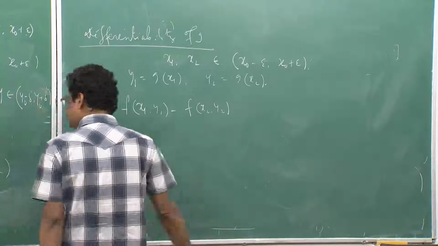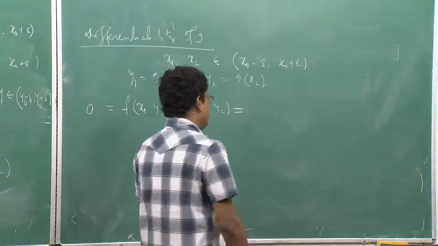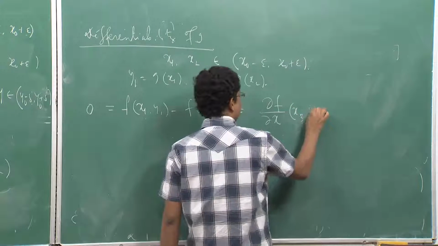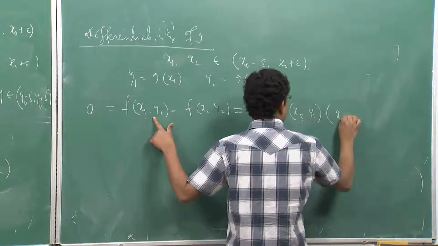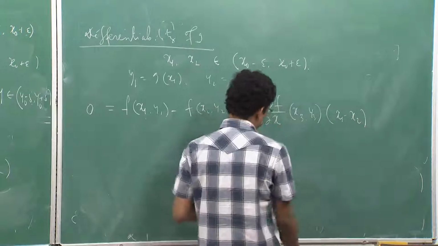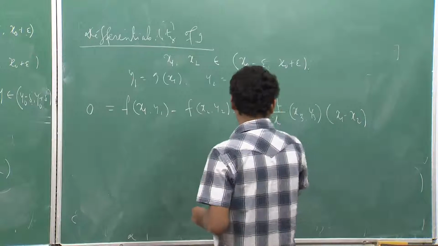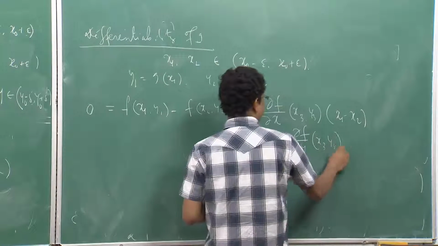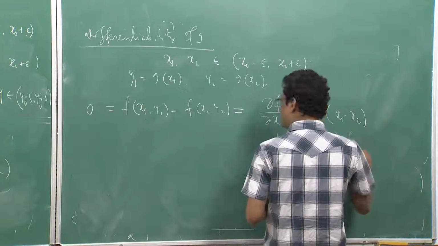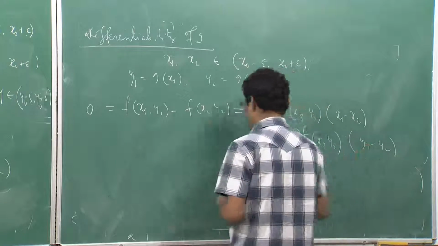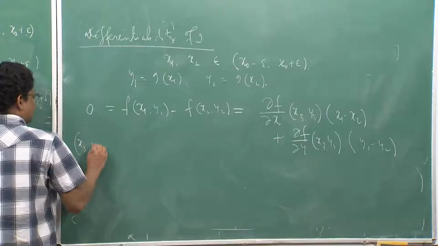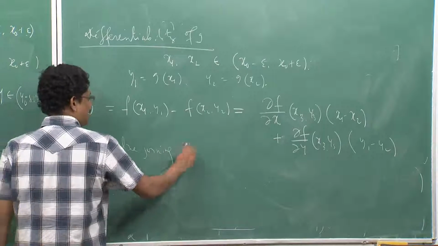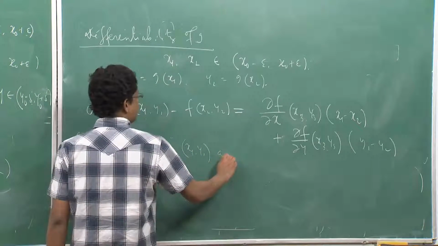So, this is 0 equal to, I apply MVT again, ∂f/∂x at some (x3, y3) at x1 − x2, plus ∂f/∂y at some (x3, y3) at y1 − y2. Again, the same thing, I have to write (x3, y3) in the line joining (x1, y1) and (x2, y2).